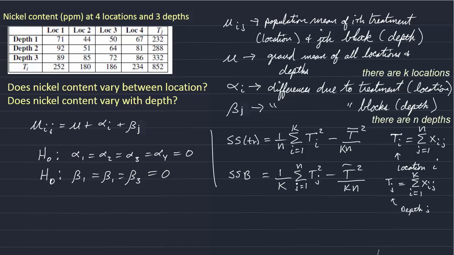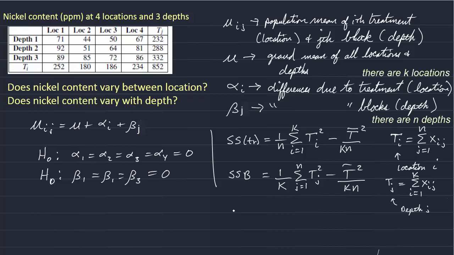To get this quantity tj. So again, SSTR is proportional to the variance associated with different treatments, or in this case, location. SSB is proportional to the variance attributed to differences in depths or blocks.